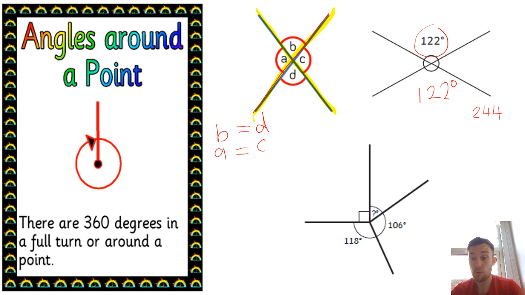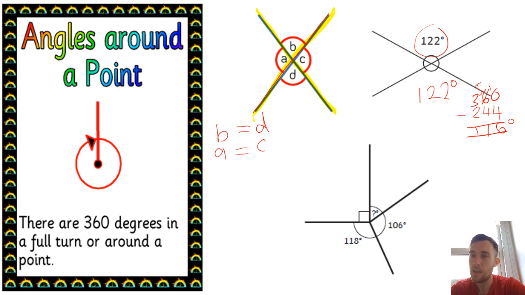And then we're going to have to subtract that from 360. So we would do 360 subtract 244. So we do our column subtraction again. 0 take away 4 we can't do, so we need to exchange. 10 take away 4 is 6. 5 take away 4 is 1. And 3 take away 2 is also 1. So that leaves us with 116 degrees.